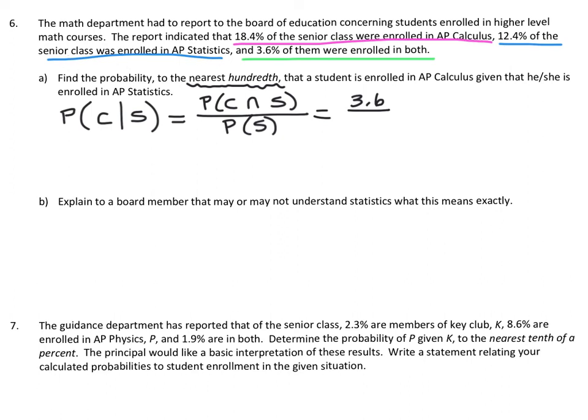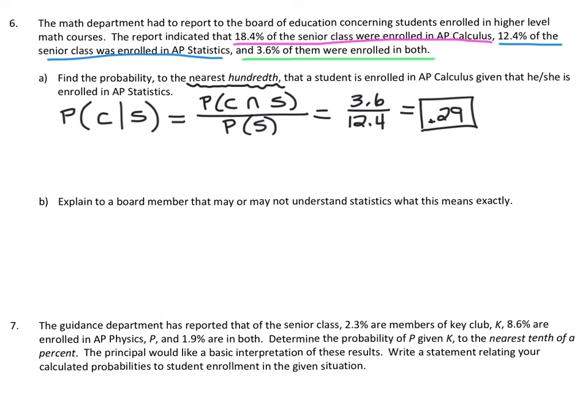Because I left the first in terms of a percent, I'm going to leave this in terms of a percent as well. Then you just plug this in your calculator, and they want you to round to the nearest hundredth. I wound up getting 0.29. You have to leave your answer as 0.29 because they wanted it to the nearest hundredth. If they said to the nearest percent, then you'd write this as 29%.